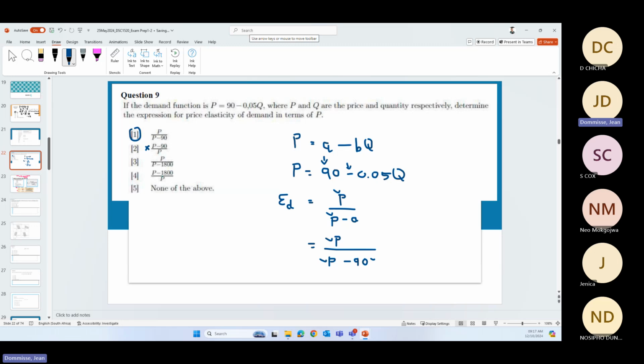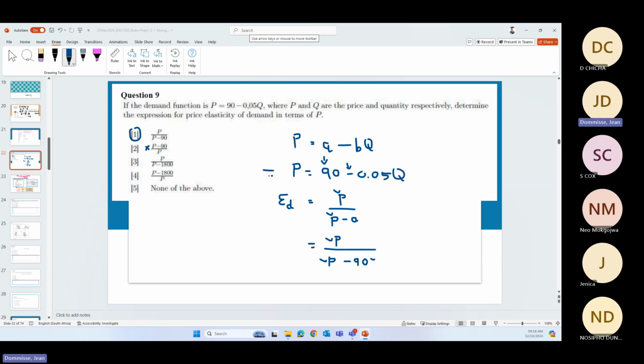Okay, so 90 divided by 0.05 would have given you those two. So that's more if we looked at it in terms of Q, then it would have been 1,800. Okay, so we basically just followed this principle of P is equal to A minus BQ.